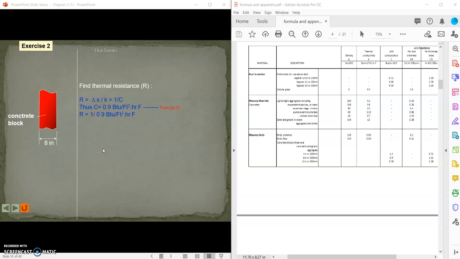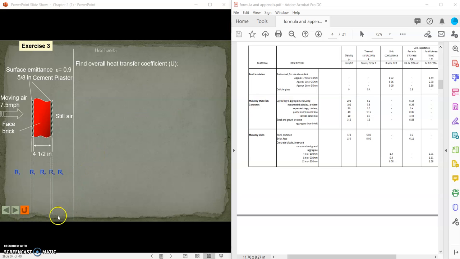So the first exercise and second exercise are simple, and then let's go into exercise 3. Now the question wants you to find the overall heat transfer coefficient U.